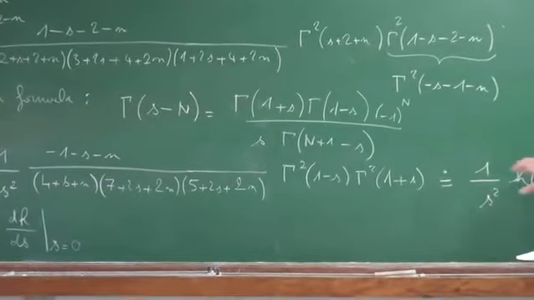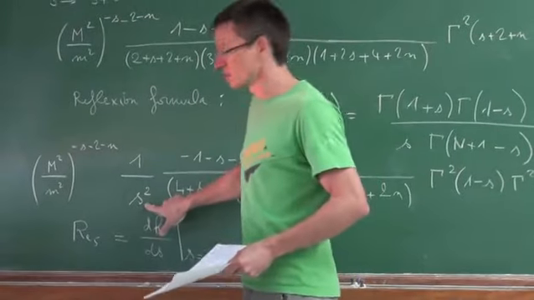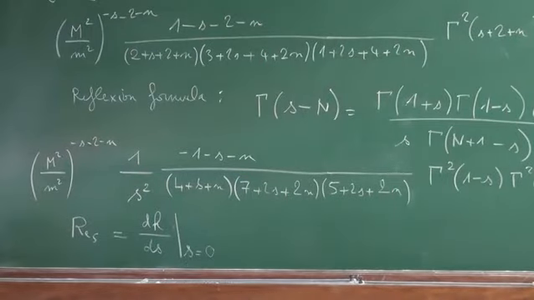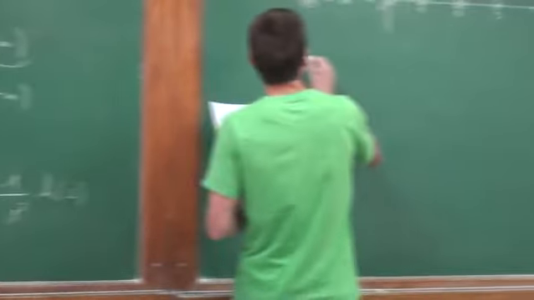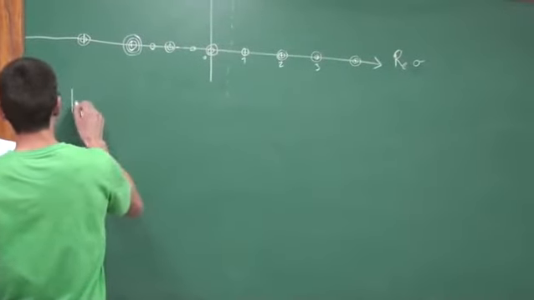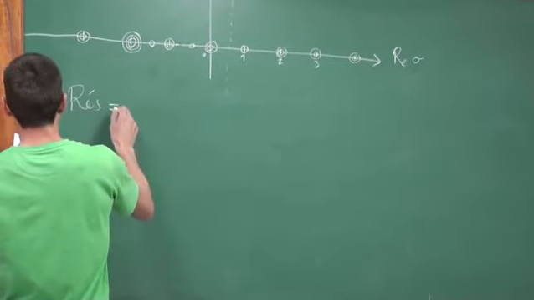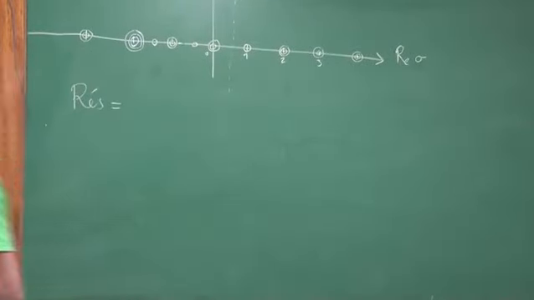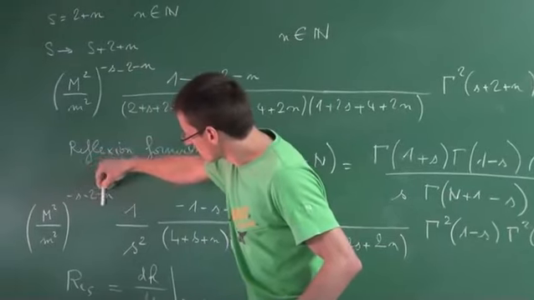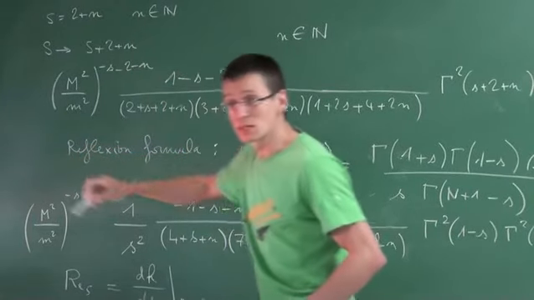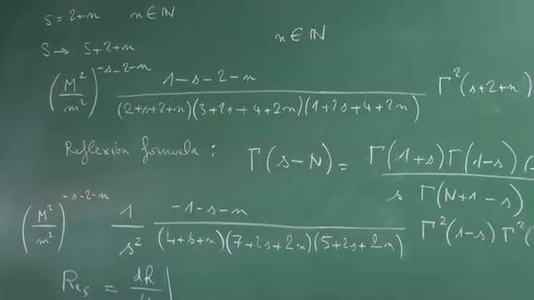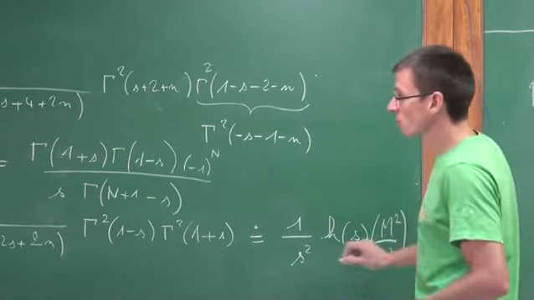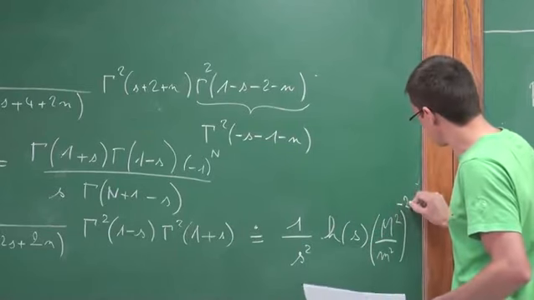And h is everything here, but this angular part. So let's compute the derivative of this, which is the residue. I will avoid this mass dependence, which does not depend on S, to the power minus 2 minus n.